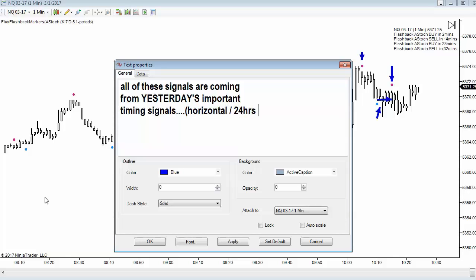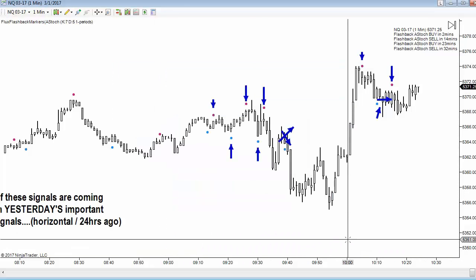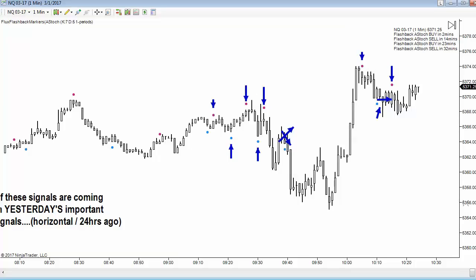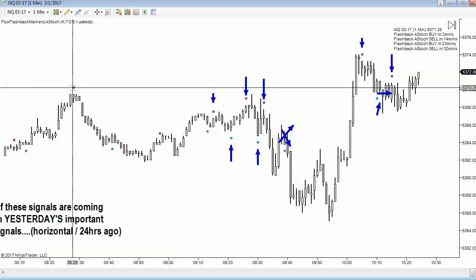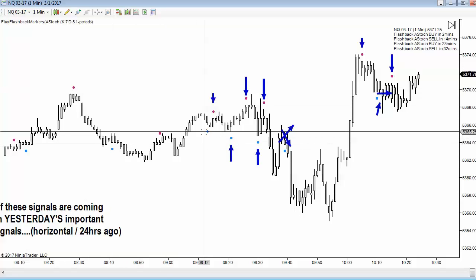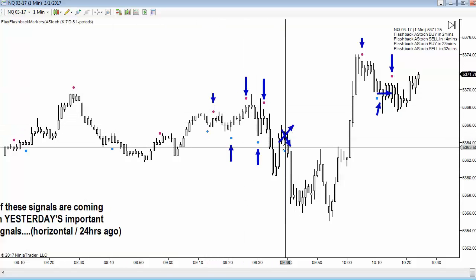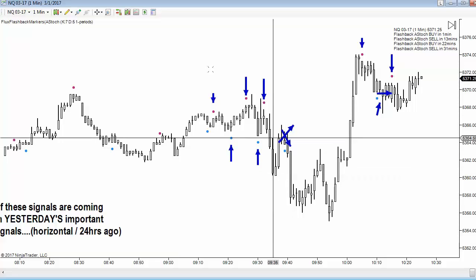24 hours ago. So, surprising thing for most traders is that we actually have relevant turns occurring 2 days in a row. What happened yesterday is playing out today, right?